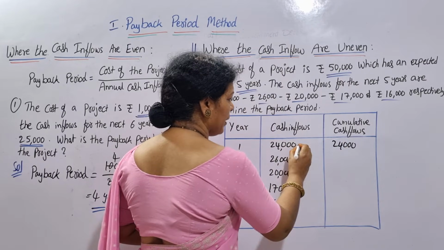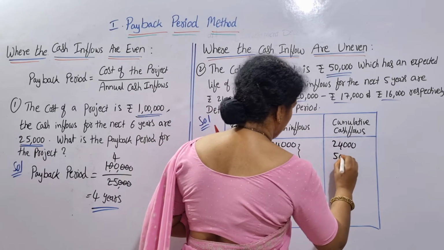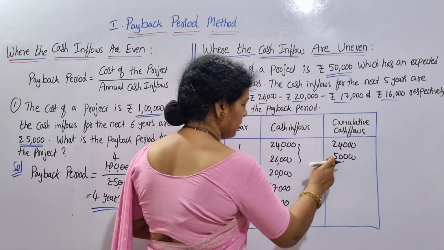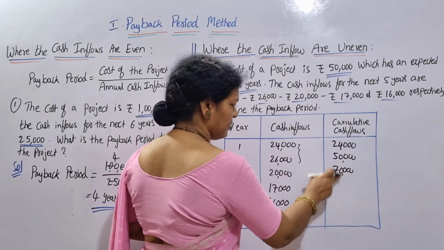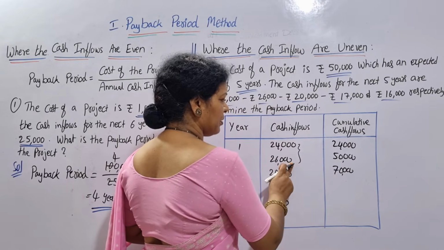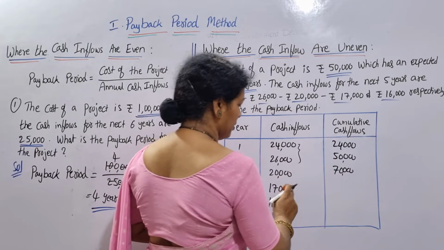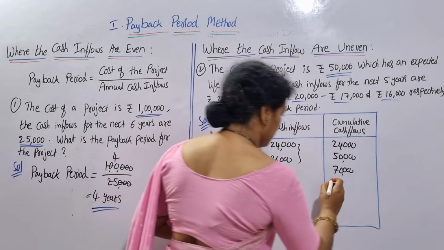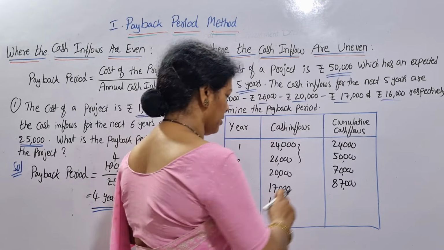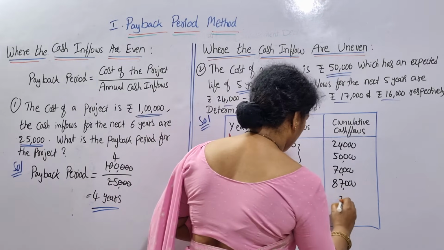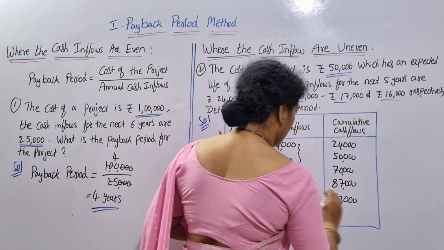Second one, how do you get? If you add these two, 24 plus 26, how much does it come to? 50,000. Now 50,000 plus 20,000, 70,000. We'll be adding for the next year easily in the same way. 70,000 plus 17,000 comes to 87,000. 87,000 plus 16,000 is 1,03,000.